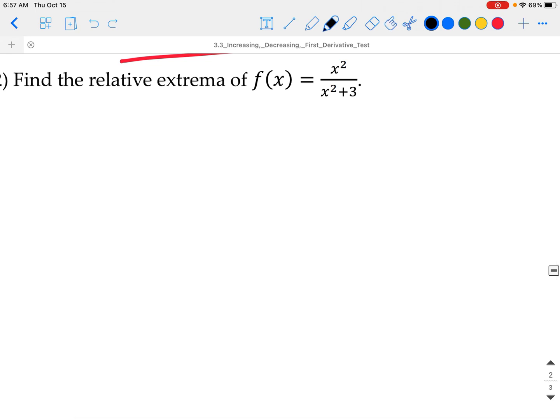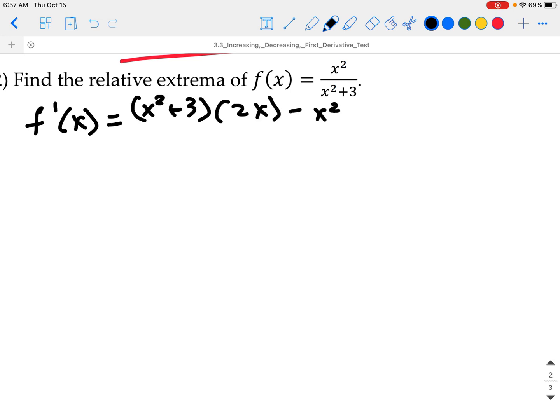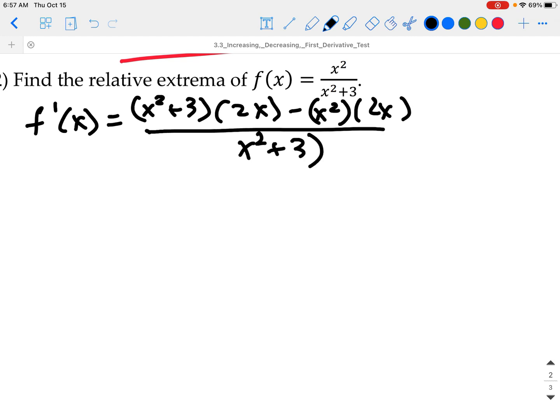So we've got f prime of x is going to equal low d high minus high d low, over denominator squared below. Again, the denominator is never going to be 0, so that's not going to be as important to us, but we'll keep it in our work until we simplify our numerator.